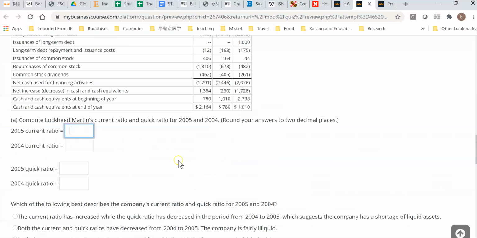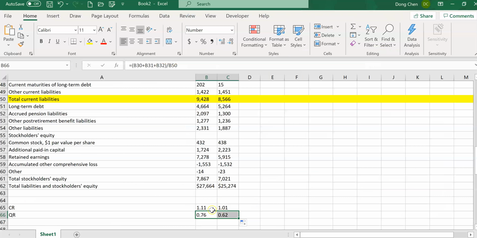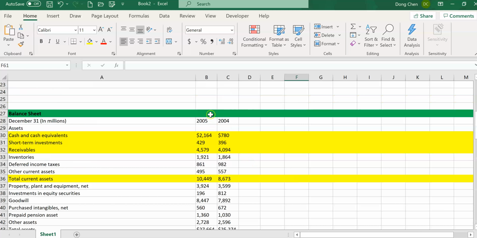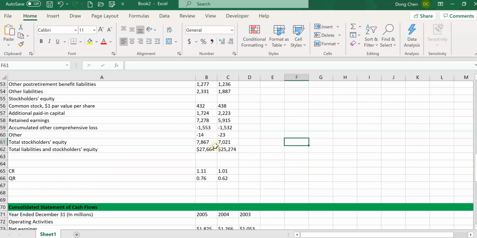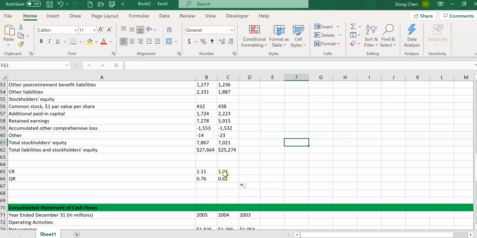So then I will copy the numbers. So for 25, notice here on the left is the later year, which is 2005, and on the right is the earlier year, that's 24.